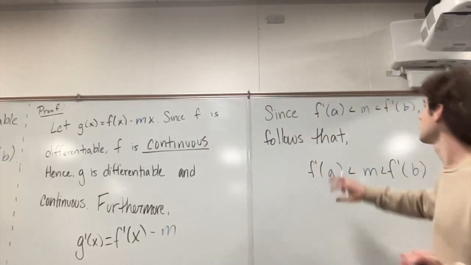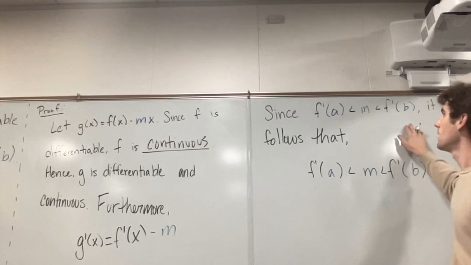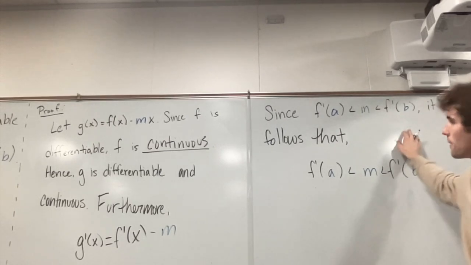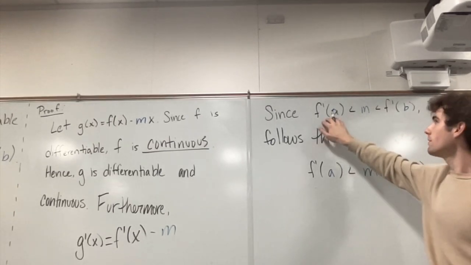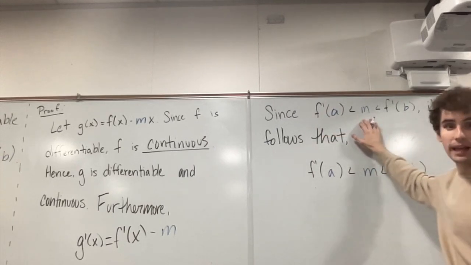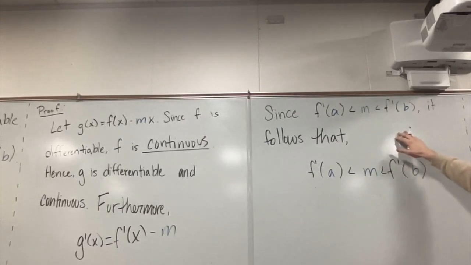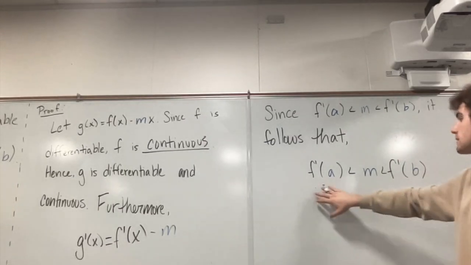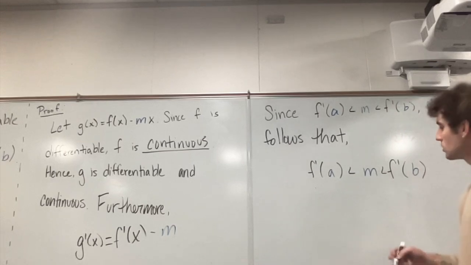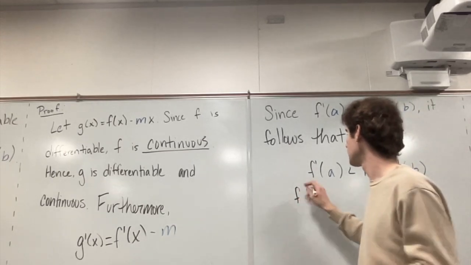So let's start by considering our function. This is all from our hypothesis here: the derivative of f at a is less than m, and m is less than the derivative of f at b. So let's do some algebra with this statement. First, let's just subtract m from each term.